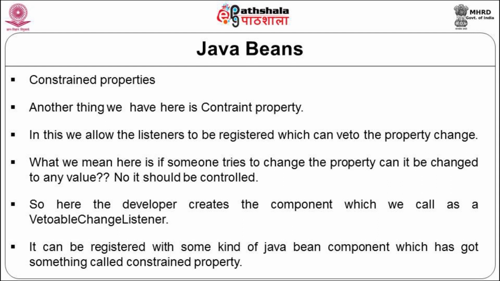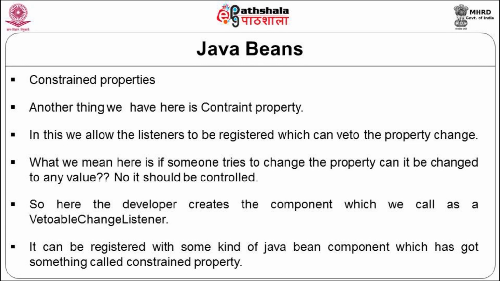What do we mean by vetoing a property change? If someone tries to change the value of a property, can it be changed to any value? I would like to control that, or if he is trying to change a value to something, it should be controlled here. So, maybe the developer creates a component which we call a vetoable change listener.